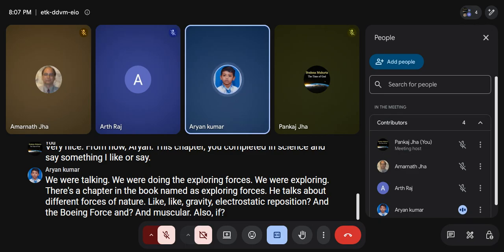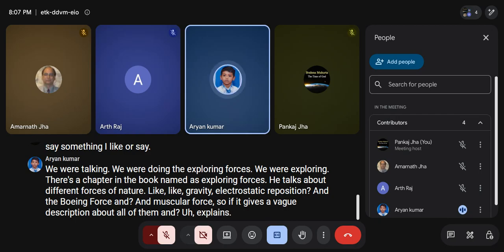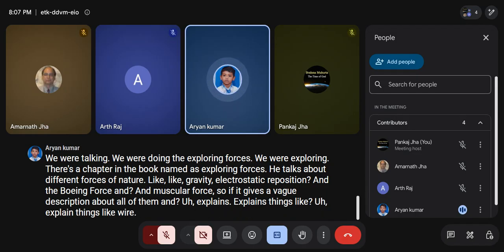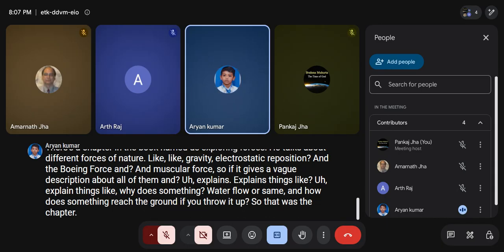So it gives a vague description about all of them, and explains things like why something on water floats or sinks, and how something reaches the ground if we throw it up. So that was the chapter.